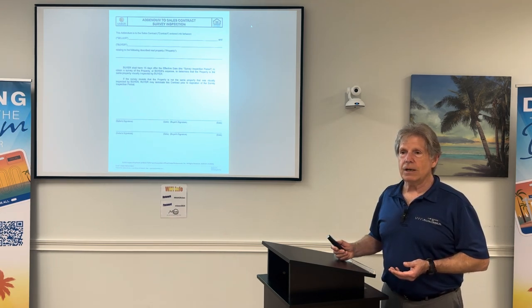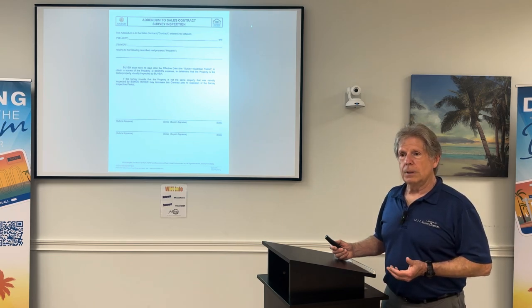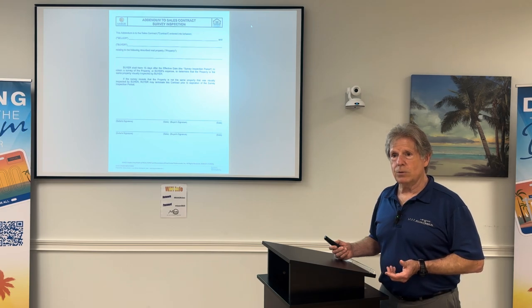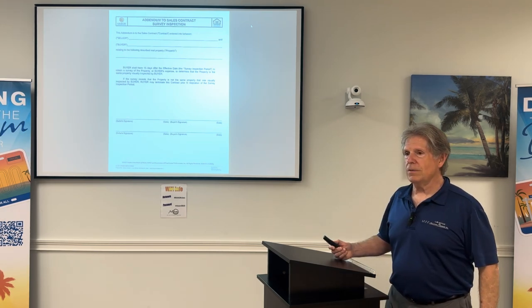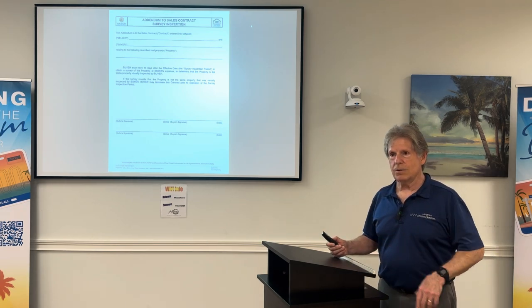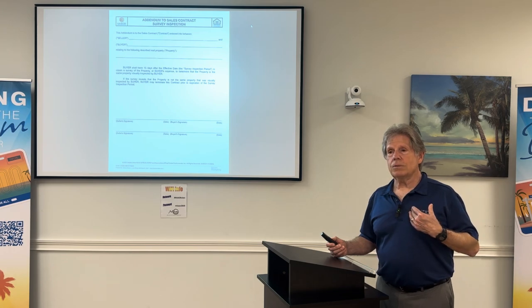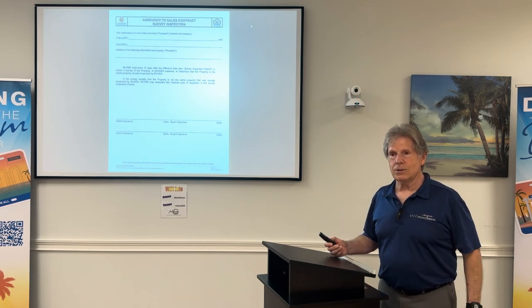I did have one where my client was too cheap to pay for a survey. We did not get a survey affidavit, and after closing, he called me and said, I have a problem because the dock is in the wrong location and the city is making me tear it out and move it. And it cost him, at that time, which was years ago, $65,000 because he wanted to save $800 from a survey. Okay? So I tell people get a survey, and the third reason I tell them that is because I don't want them to sue me for telling them they didn't need a survey.